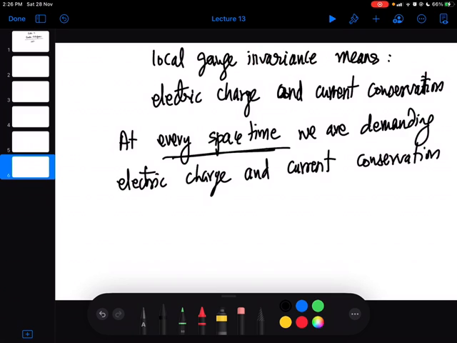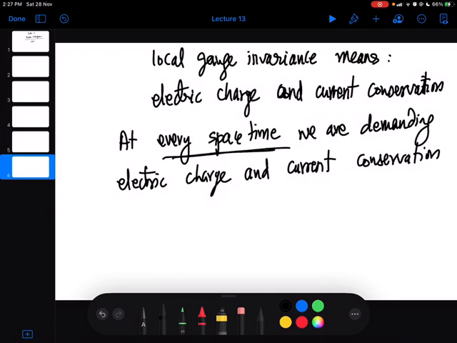This is the entire point: if you want really local interactions, it is only possible by introducing a local gauge invariance, essentially by introducing a photon field. So we have seen this now explicitly.